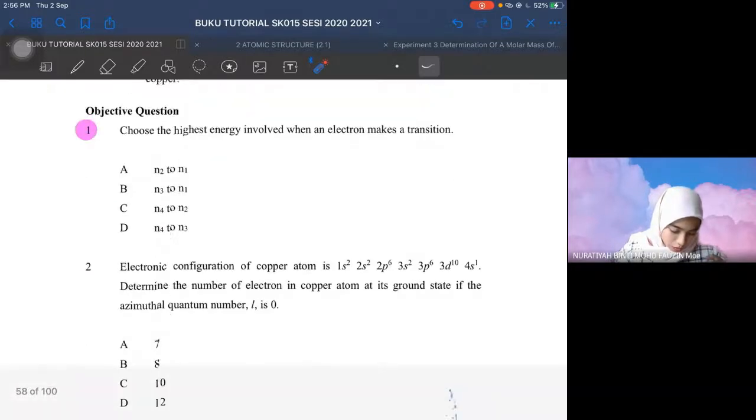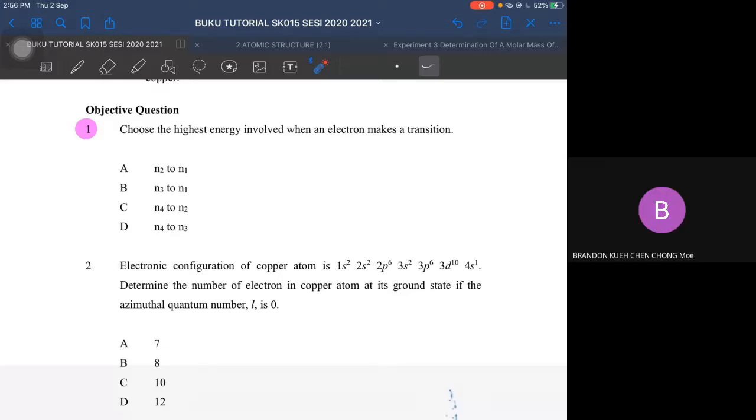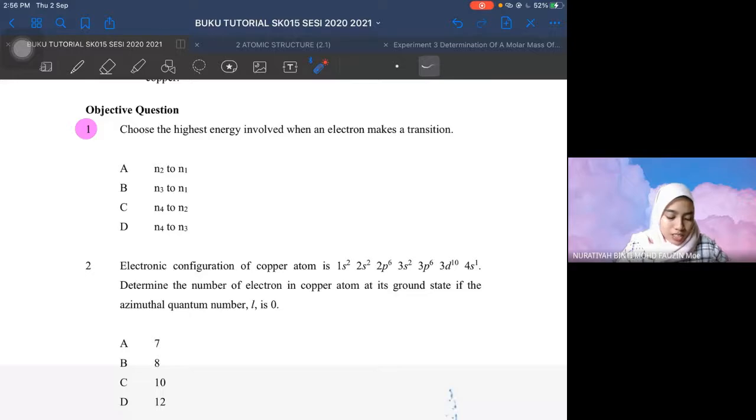Objective question. What is your answer? Choose the highest energy involved when an electron makes a transition. What do you have to do for this question? You have to find its energy.